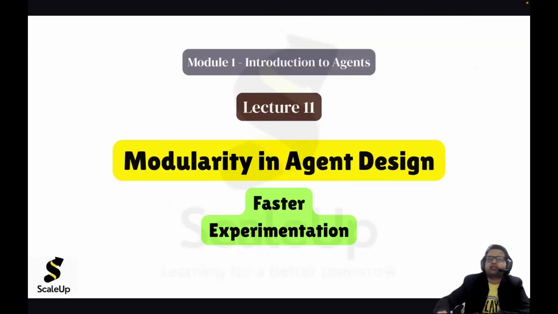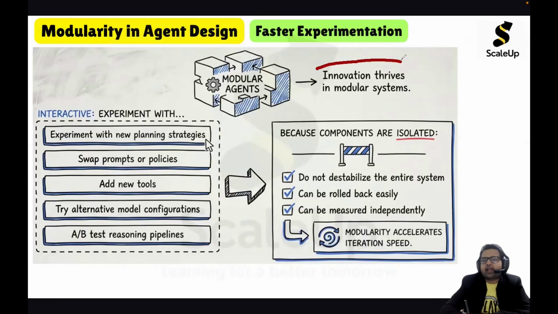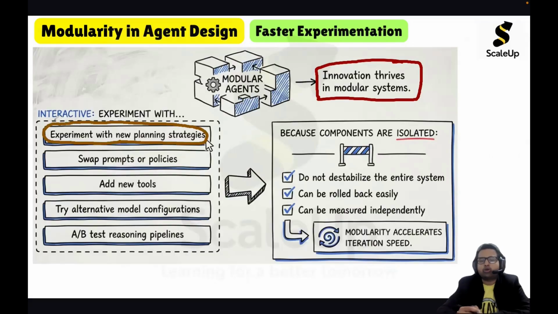Faster experimentation. So innovation thrives in modular systems. The idea is that with modular agents, we can experiment with new planning strategies. The meaning is that we can just focus on the planning module and try to innovate it, experimenting without affecting other parts of the system.